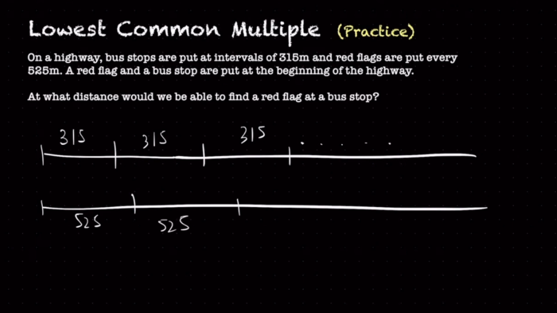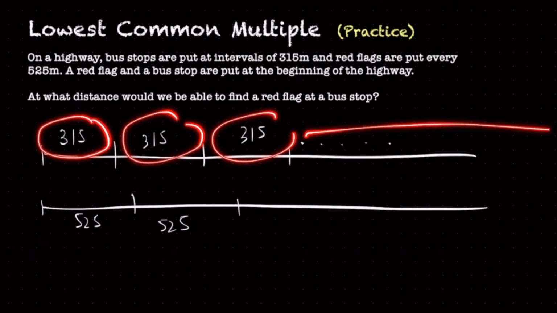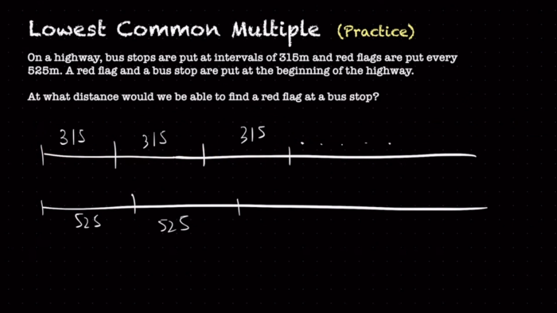So this is how to tell the difference between having an HCF question and an LCM question, because this 315 carries on all the way until infinity, of course. No highways until infinity, but it just carries on theoretically. And this 525 carries on until they coincide again at a certain distance.